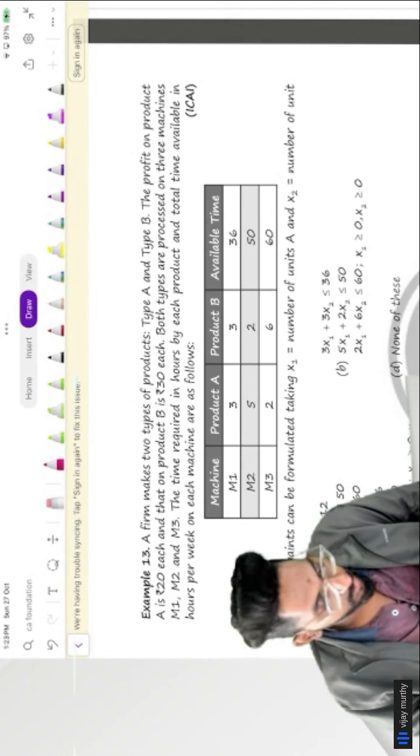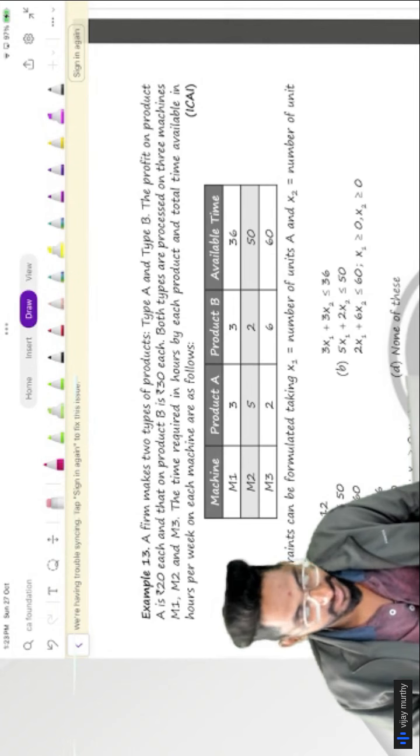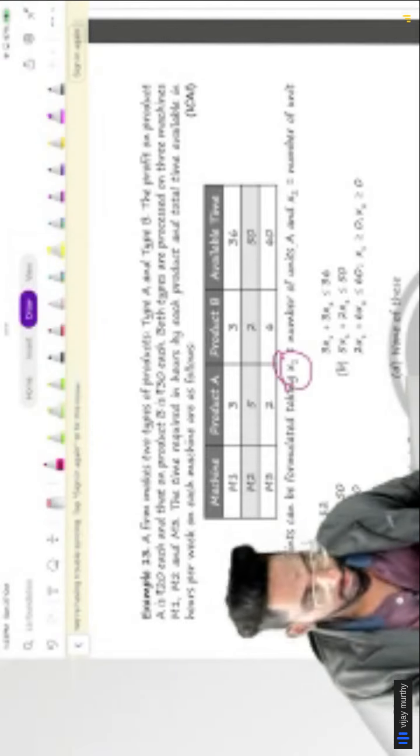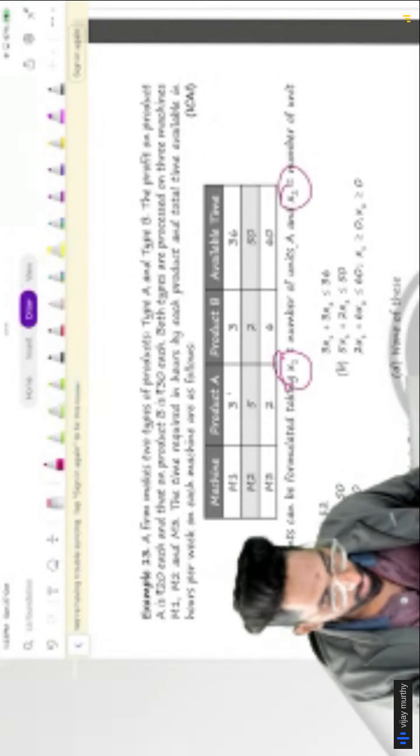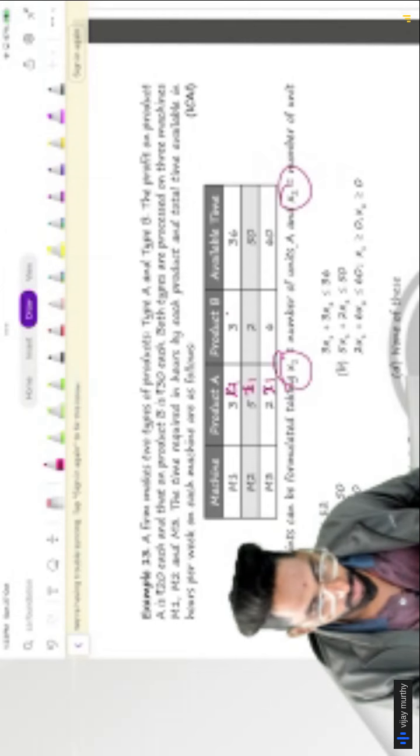They have given the less than or equal to symbol everywhere. So Option C, sir. First thing, take product A as x1 and product B as x2. That means wherever product A is there, put x1, x1, x1. Here what should we put? x2, x2, x2. What is the available time to me? 36.